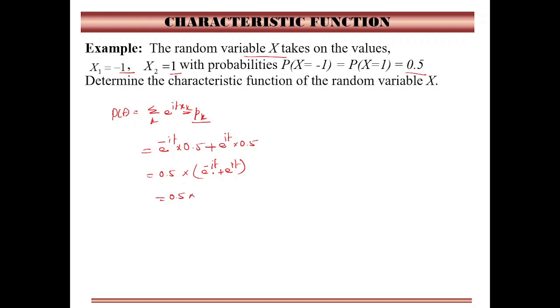Here e power minus it plus e power it is 2 cos t. Hence 2 into 0.5 is 1, then we get cos t. So this is the characteristic function of the random variable x, which is of the discrete type.